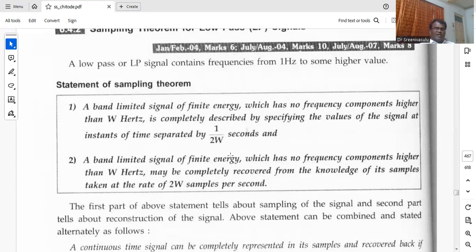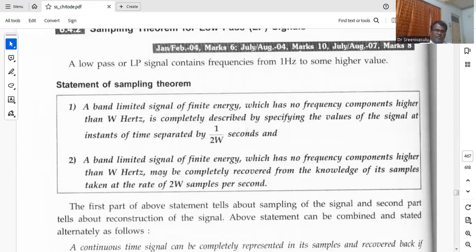Next, the sampling frequency is at least twice the highest frequency component present in the message signal. In this case, we assume the maximum frequency is W, so the minimum sampling rate is 2W.